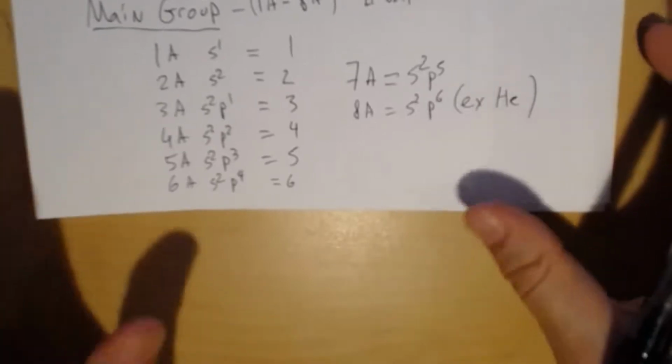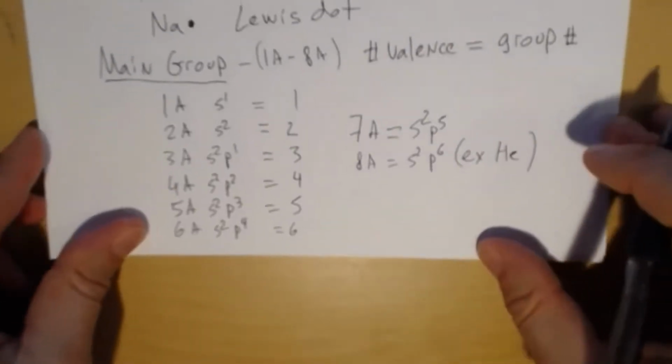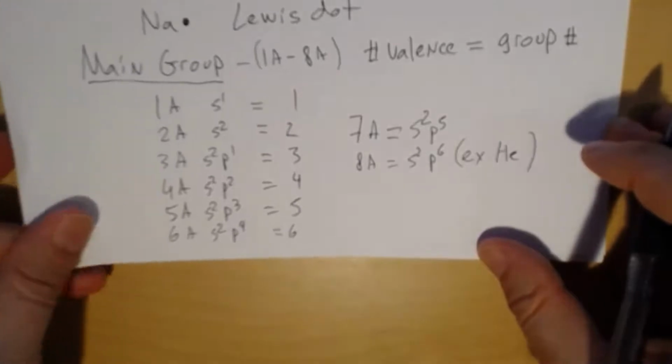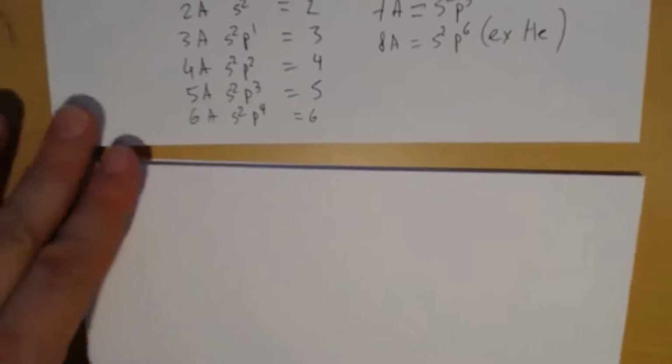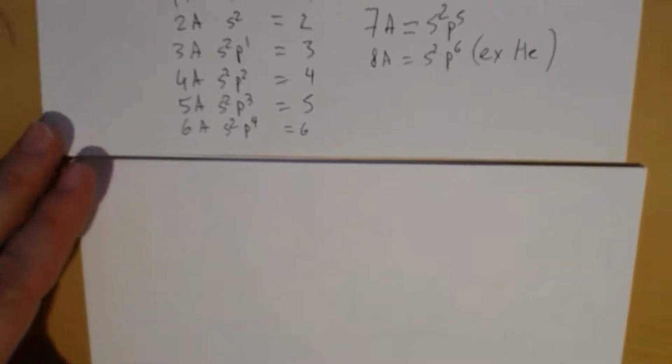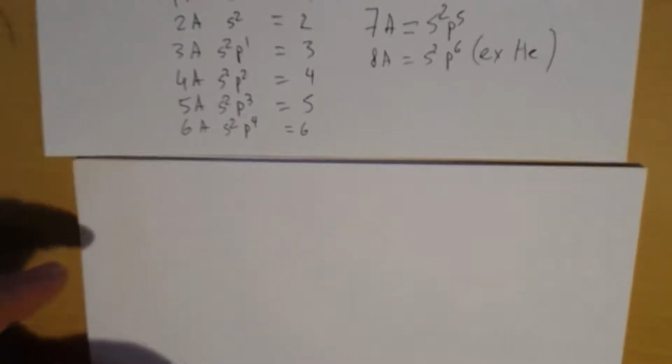And so this also works if I have an intervening d orbital. So let's practice some of these. How about silicon? Let me bring that up higher.